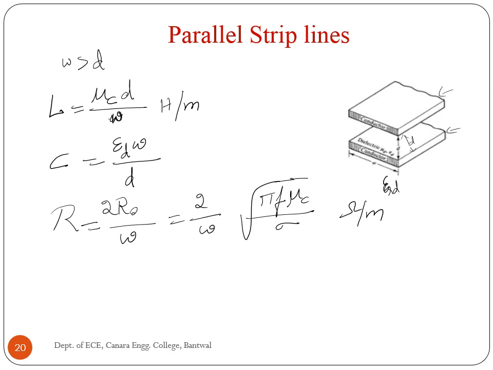The conductance of the strip line is G is equal to conductivity into width divided by separation distance D mho per meter.